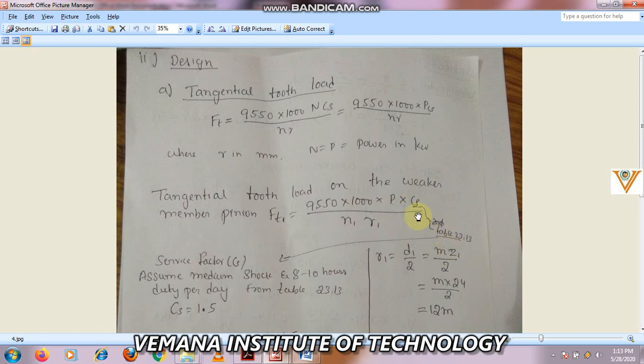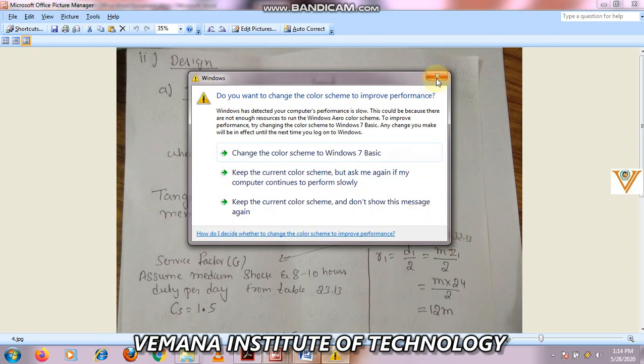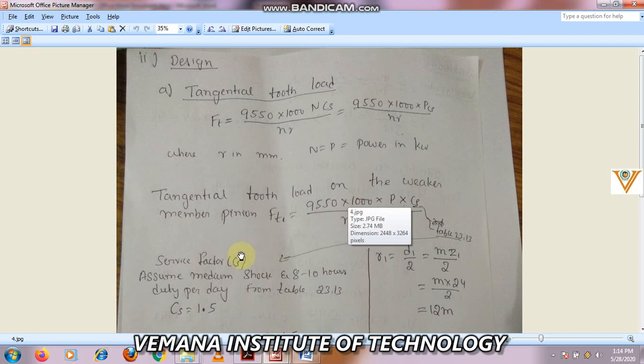The service factor you have to take from table 23.13. For selection of the service factor we have to assume medium shock and 8 to 10 hours. In belt drives, rope drives and chain drives also we assumed some service factor. So assume medium shock, 8 to 10 hours duty per day.